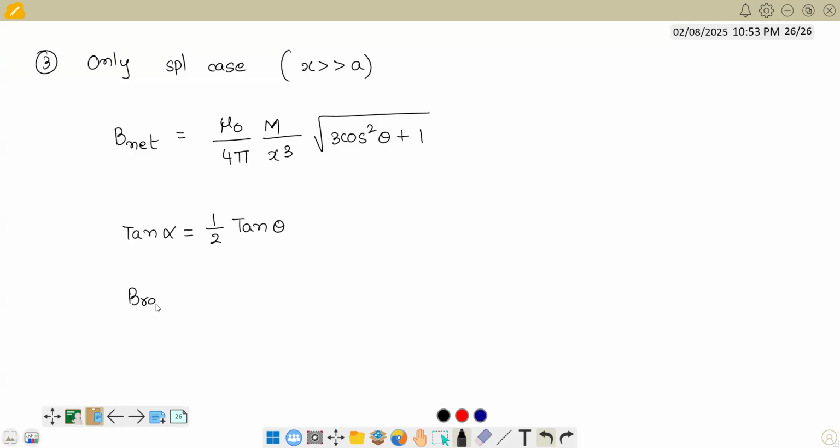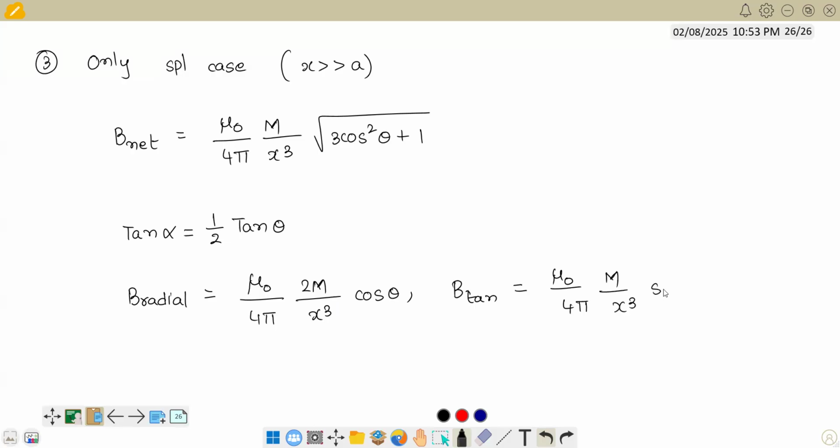Then B radial is equal to mu naught by 4 pi 2m by x cube into cos theta. B tangential would be mu naught by 4 pi m by x cube into sin theta.